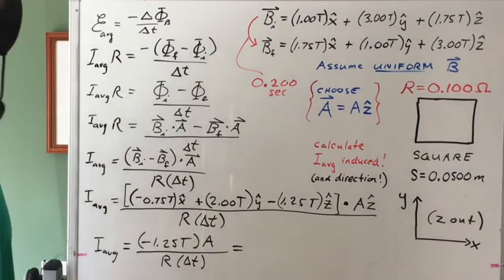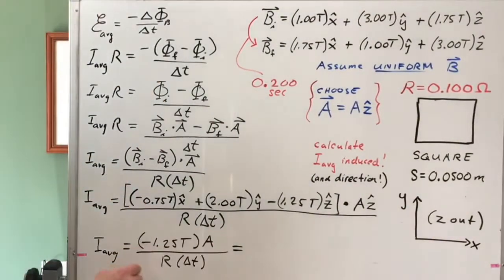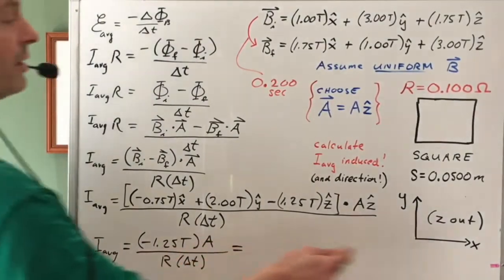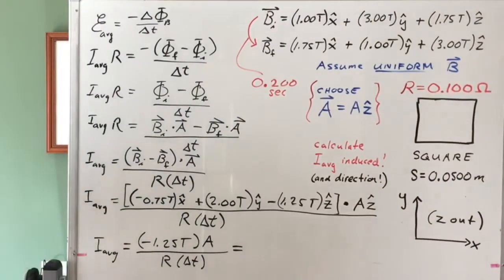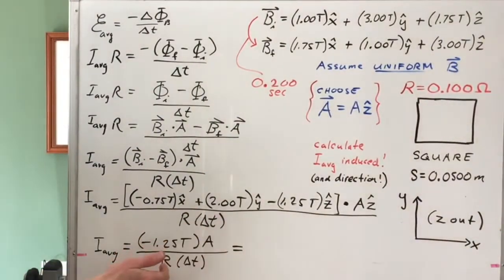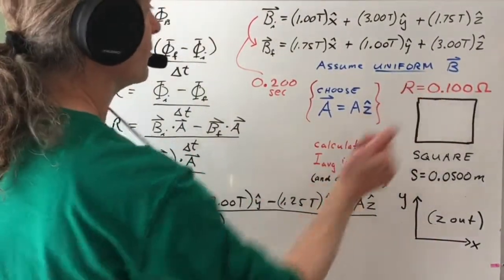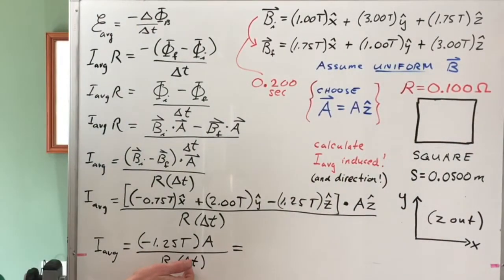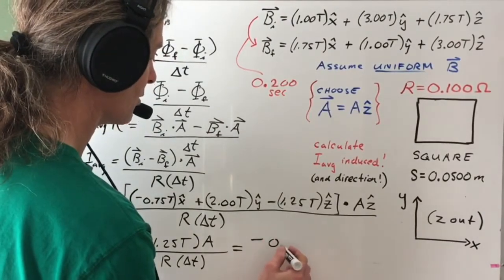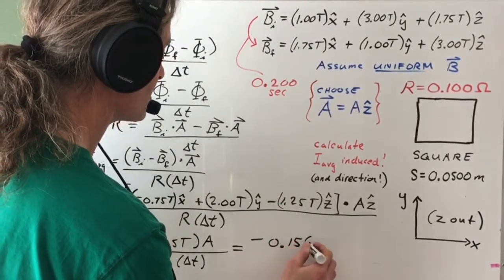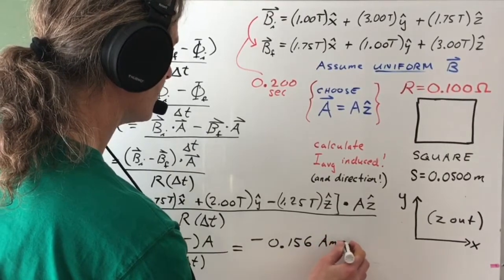If I plug in for the area, it would be 0.0500 times 0.0500 meters, so I get meters squared, divided by the resistance of the loop, which is 0.100 ohms, divided by the time interval during which this process takes, which is 0.200 seconds. I get, for my final answer, minus 0.156 amps.